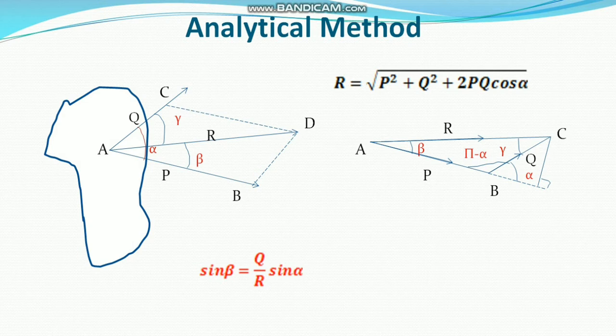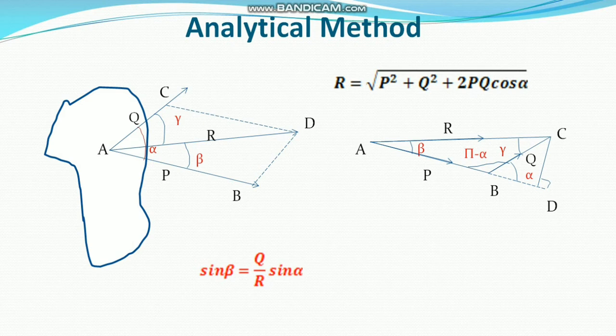How? Let this be point B, then you see the ACD triangle. ACD is a right angle triangle, and R sin beta is this much, CD. And if you see the triangle CBD, the alpha angle is this one.